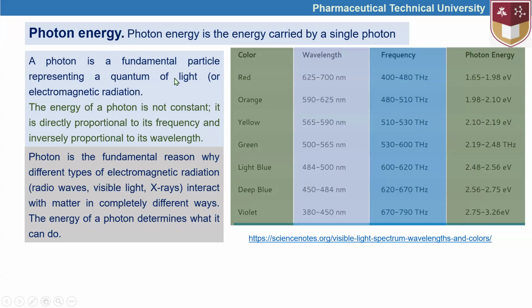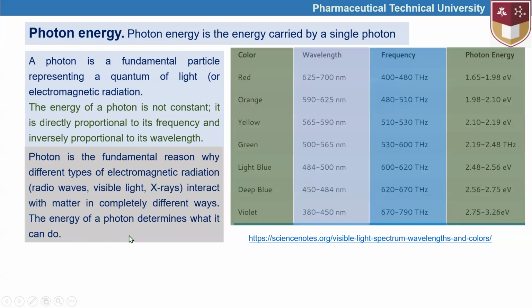A photon is a fundamental particle representing a quantum of light or electromagnetic radiation. The energy of a photon is not constant, as we talked about earlier. It is directly proportional to its frequency and inversely proportional to its wavelength. Photon energy is the fundamental reason why different types of electromagnetic radiation, including radio waves, visible light, and X-rays, interact with matter in completely different ways.